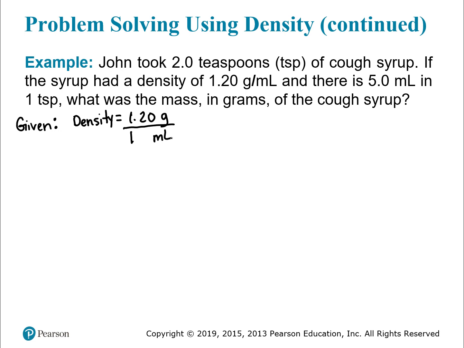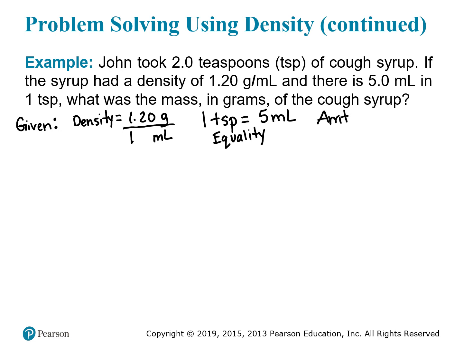We're also told that there's 5 milliliters in 1 teaspoon. That's an equality. So we can make more conversion factors from that too. And we're going to need it because John took 2 teaspoons.